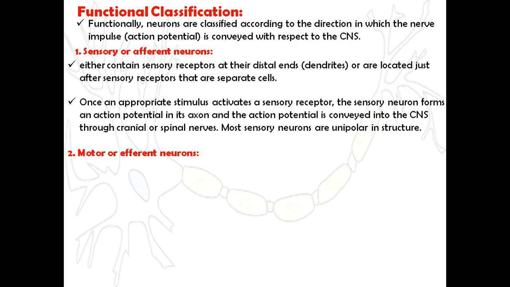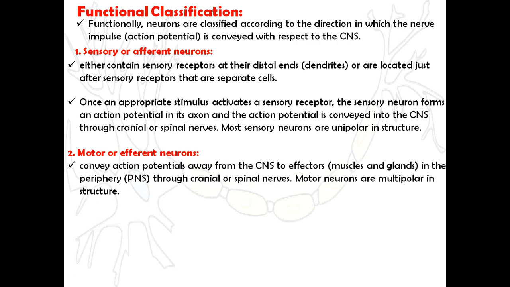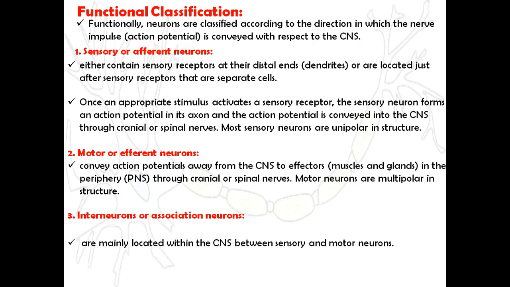Second one is the motor or efferent neurons. They convey action potentials away from the central nervous system to effectors in the periphery through cranial or spinal nerves. Motor neurons are multipolar in structure. Third one is the interneuron or association neuron.